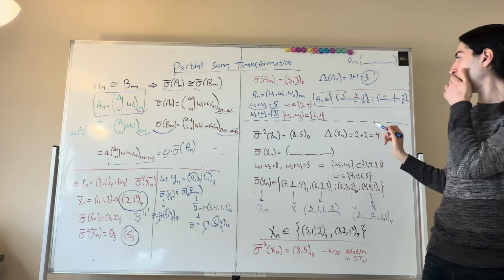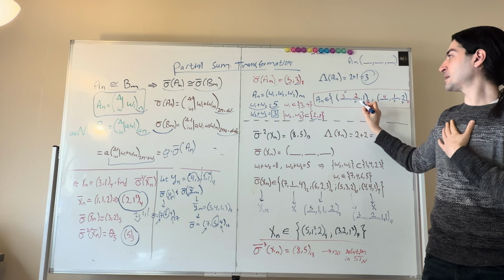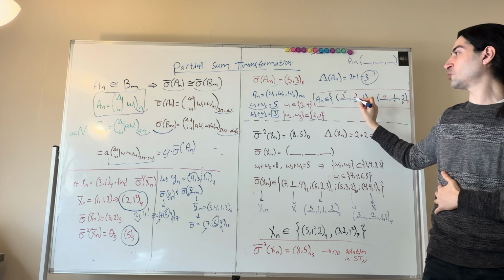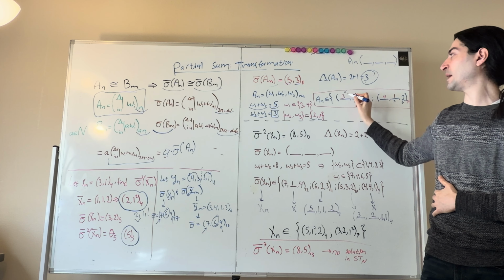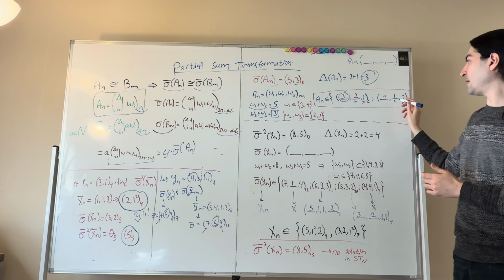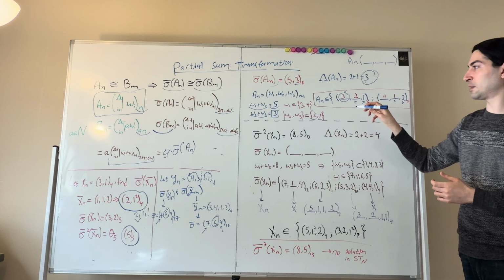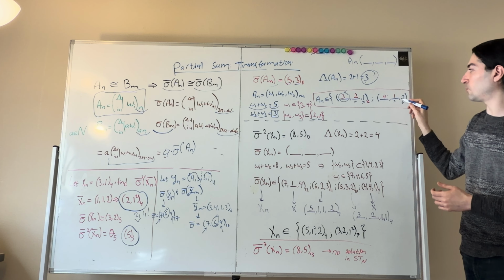So for example, here we selected 2, 1, and because W1 plus W2 must equal 5, then we know W1 is 3 in this case. And here it will be 1 plus something gives us 5, it will have to be 4.